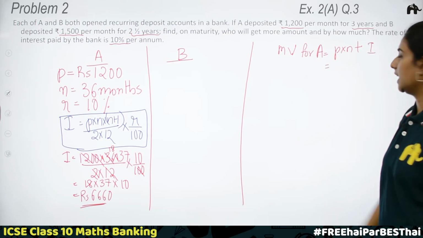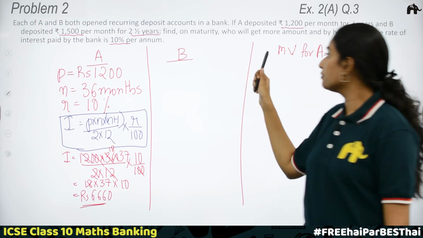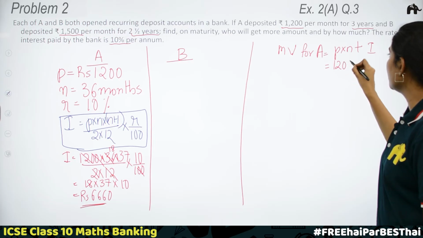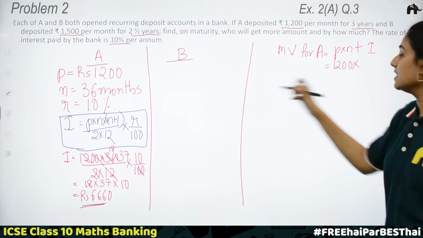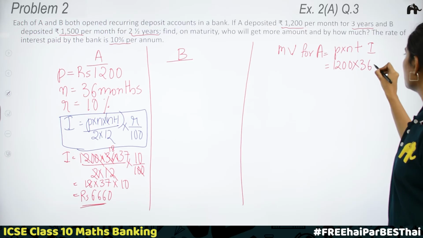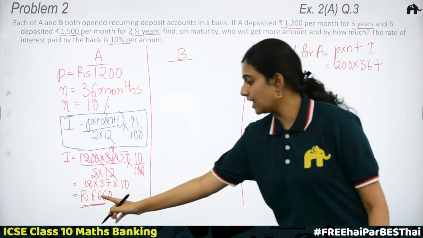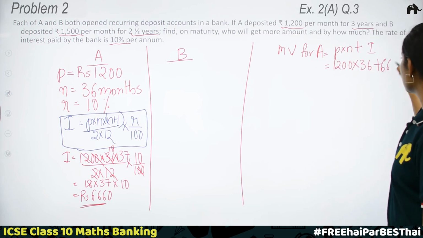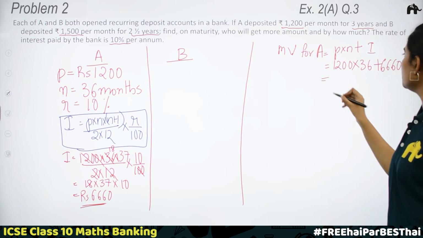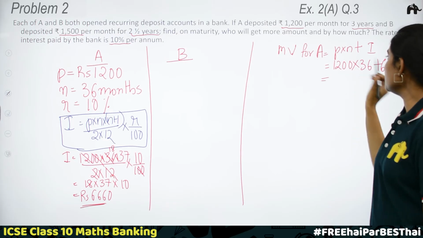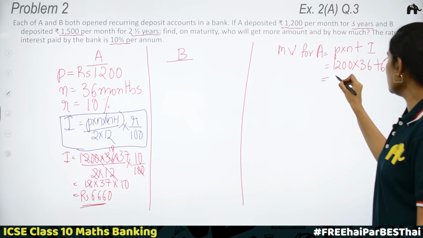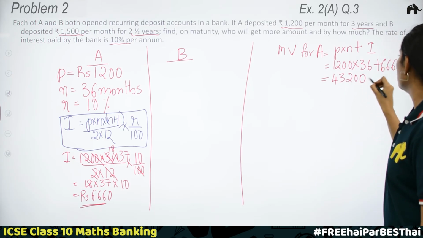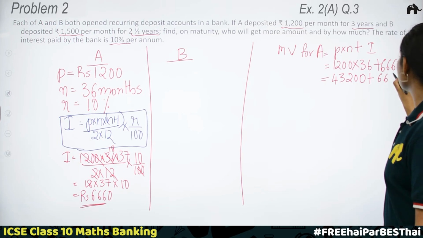P into N plus I. Here what is the value of P? 1200. 1200 into N is equal to 36 plus I we calculated, that is 6,660, which is equal to 1200 into 36. You will be getting 43,200 plus 6,660.